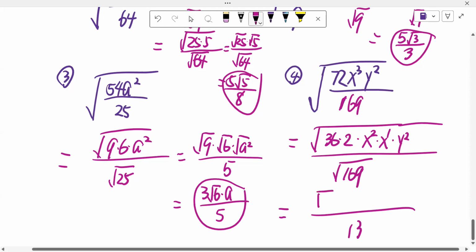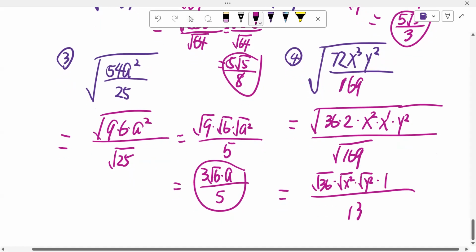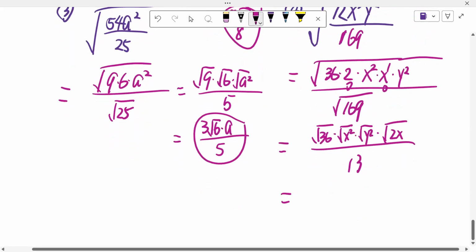Now for all the perfect terms, square root of 36, square root of x squared, square root of y squared, separated like 3 different roots, and we put 2x together. 2 and x remain in the radical. The square root of 36 is 6, here's the x, that's y, times square root of 2x over 13.